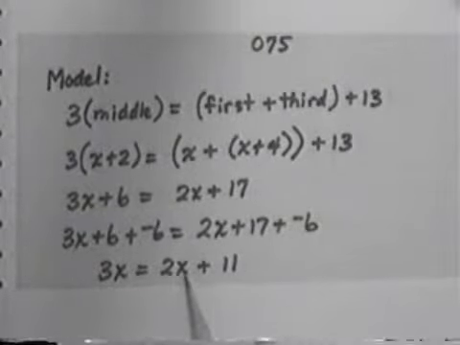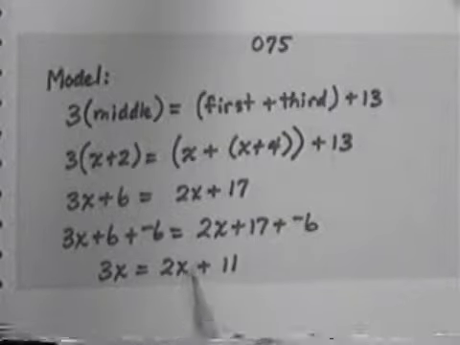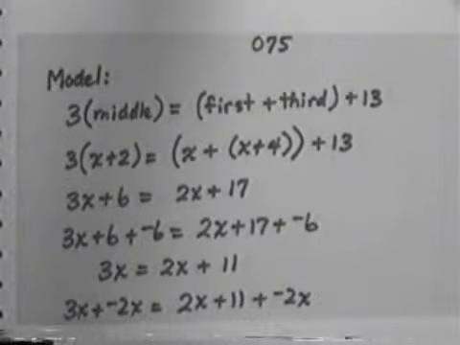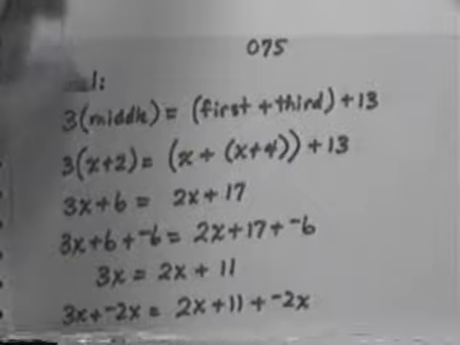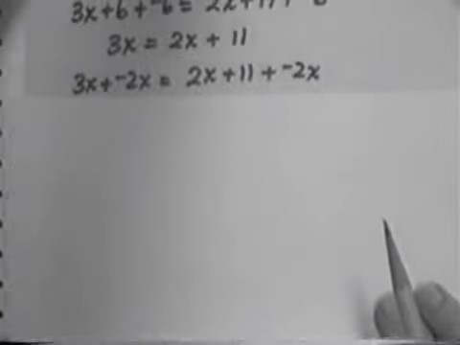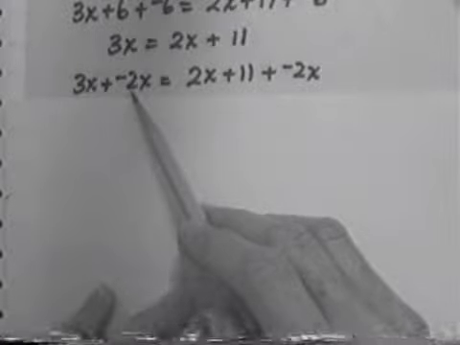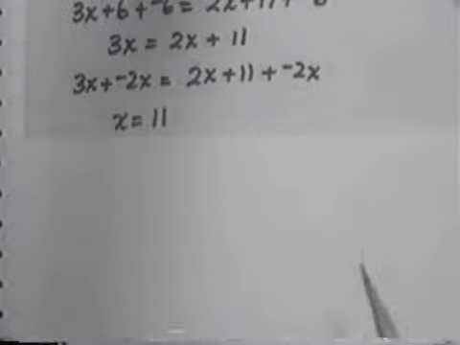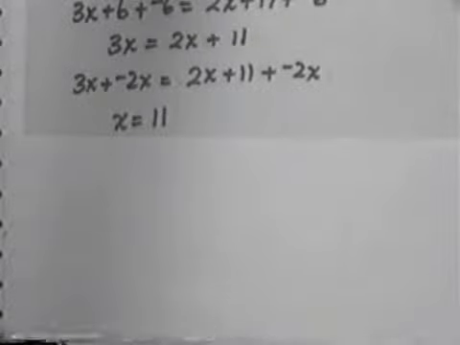Then, eliminate the 2x by adding its opposite. We'll add negative 2x to both sides of the equation. That gives us, on the left, 3x plus negative 2x, which is x, and on the right, 11. And so our answer is 11. Well, that says that we have x is equal to 11.